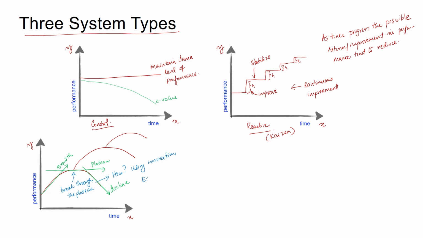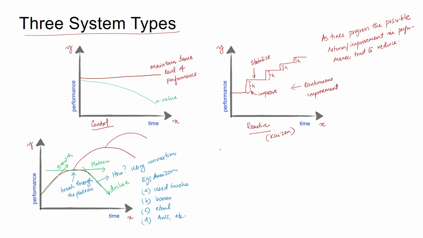Example, let us take Amazon. Amazon went through used books, then books, then e-tail, then Amazon Web Services, etc. Each time they changed into a new type of business model.